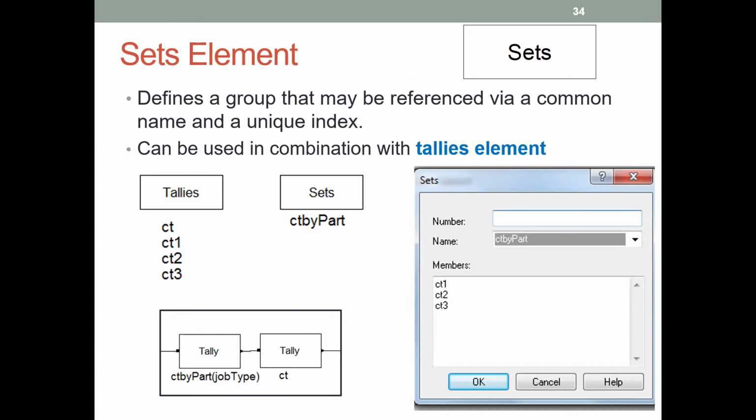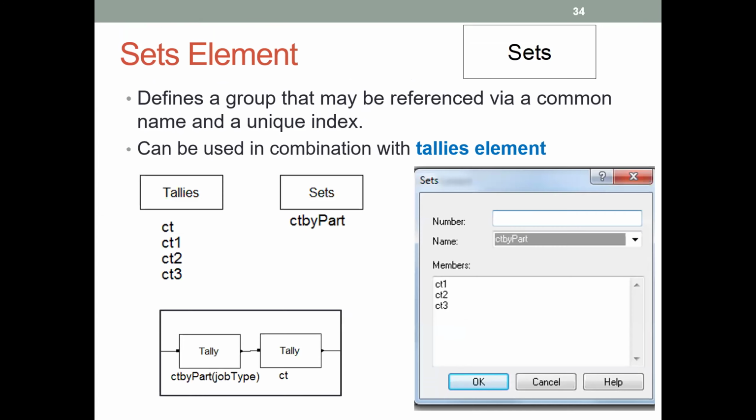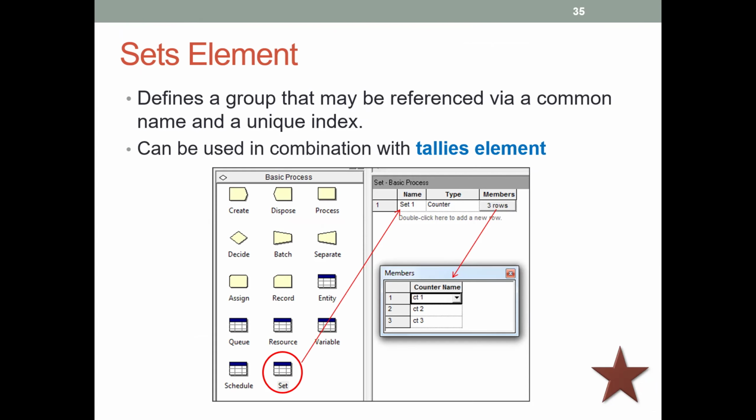The sets, we can also set up these sets in Arena. Instead of using an element, we're going to be using one of those little spreadsheets to set up those sets. So it's basically the same thing. Instead of going into the elements to define the set name and the members, we're going to go here.